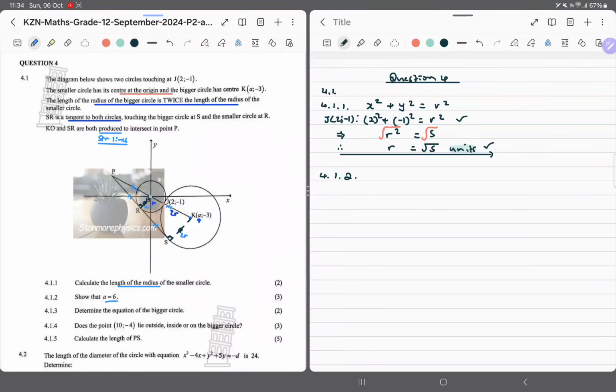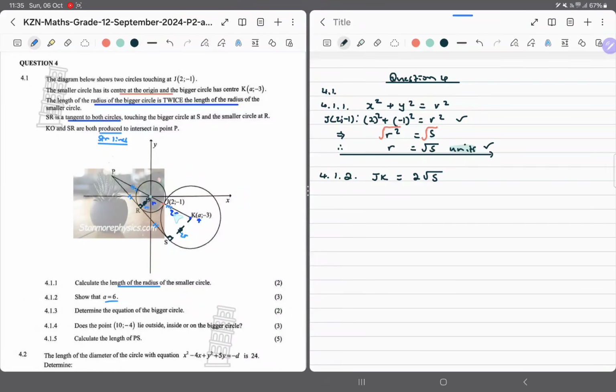So let's have a look. We need to show that a is 6. Can you see? Giving us a direction on how to deal with this. So now let me just show you what I am thinking about this question. We said we could use the distance formula there. So all we know is that OJ, or let's just say JK, is equal to 2 times the square root of 5, right?